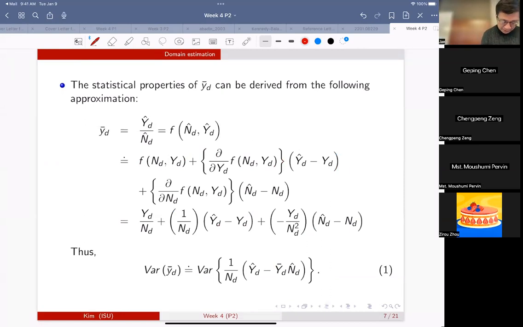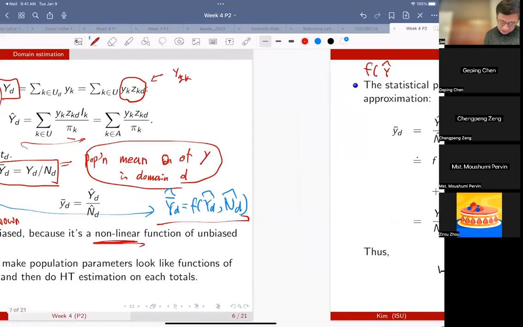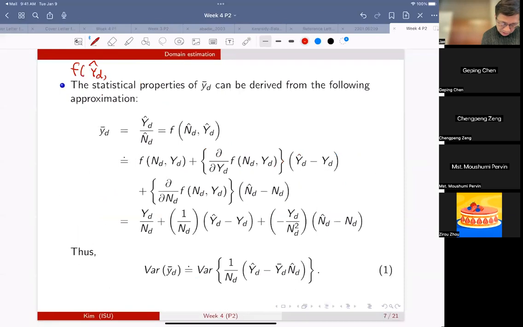So suppose I can linearize, say c0 plus c1 times Y hat_d, right? So the equality here cannot be true, right? It's not true because the left side is nonlinear and the right side is linear. So how can that be the same, right? That's not true in general.